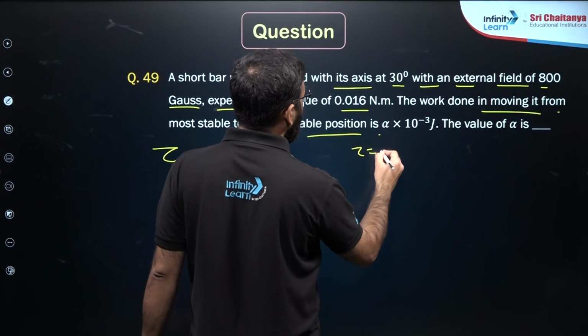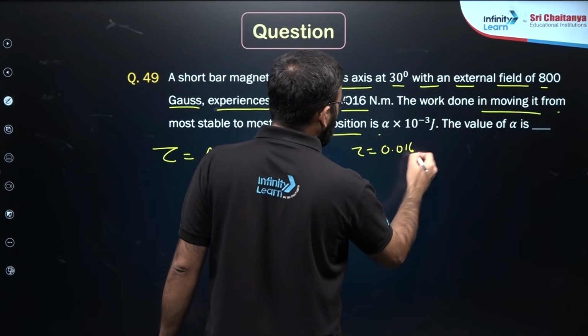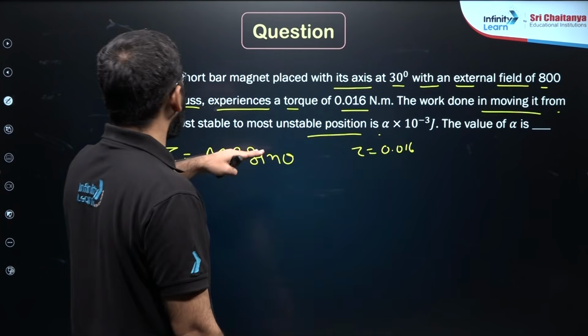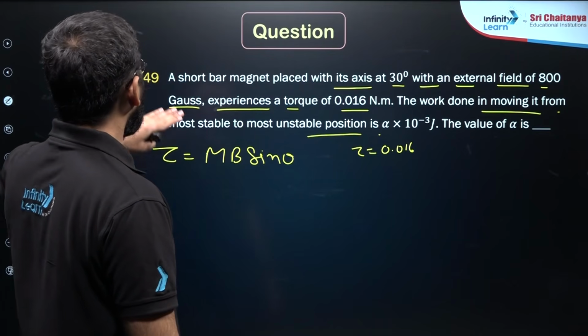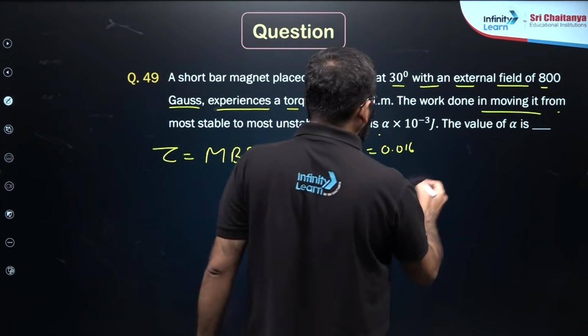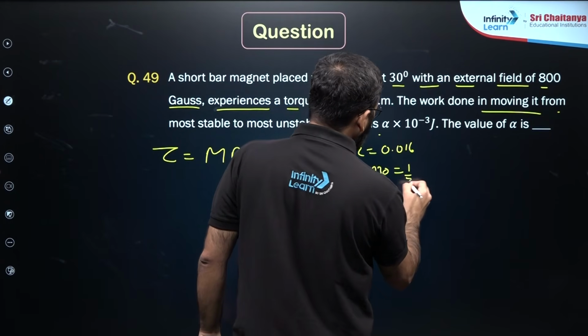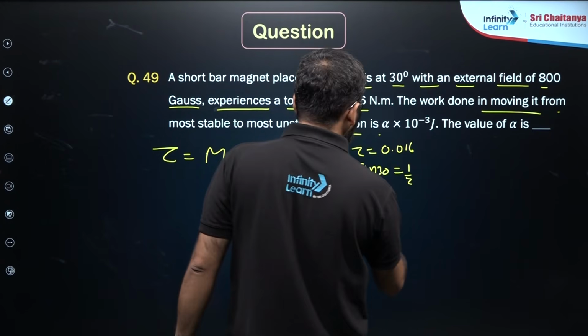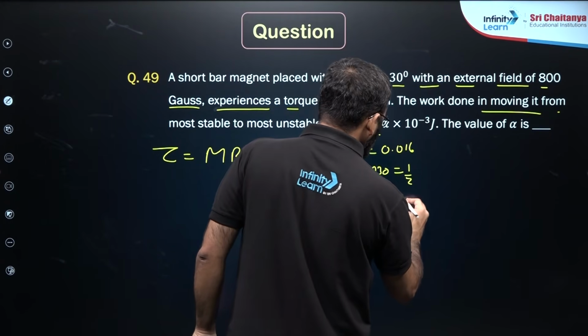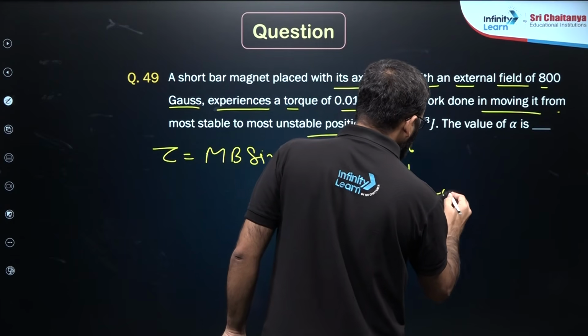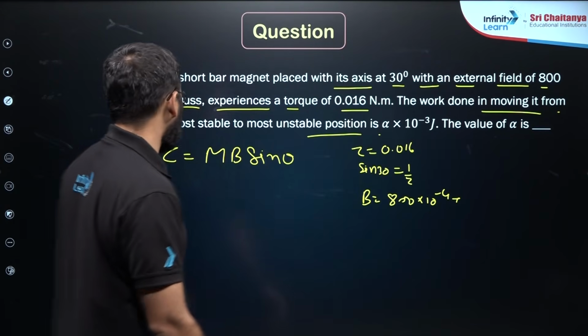Okay, so tau equals to the given 0.016, and the angle of this one is 30 degrees. Okay, so the sin 30 value is 1/2 and B is my 800 into 10 to the power minus 4 Tesla. Okay, so you can put everything here.